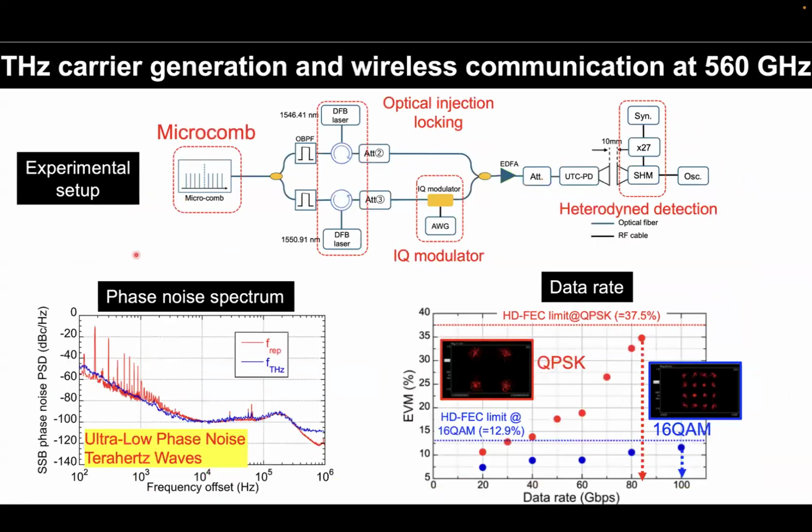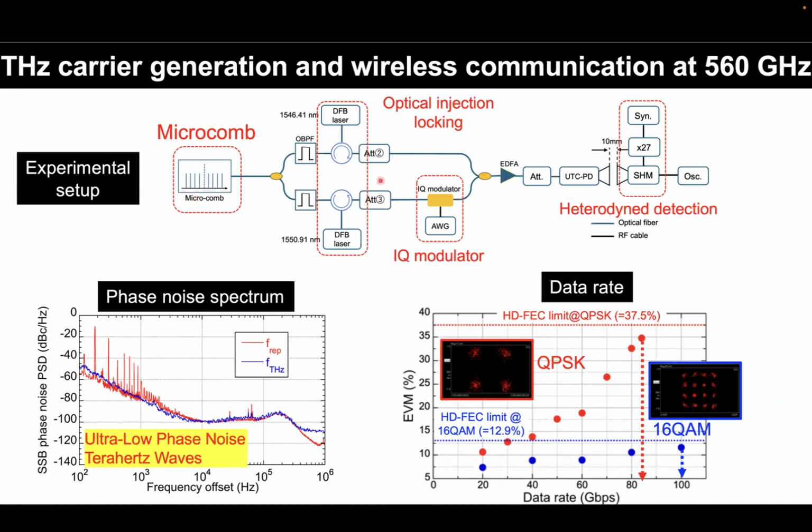We use this terahertz wave for terahertz carrier generation and wireless communication at the 560 gigahertz band. Upper shows the experimental setup, including four keys. The first key is a microcomb for the generation of low phase noise terahertz wave.